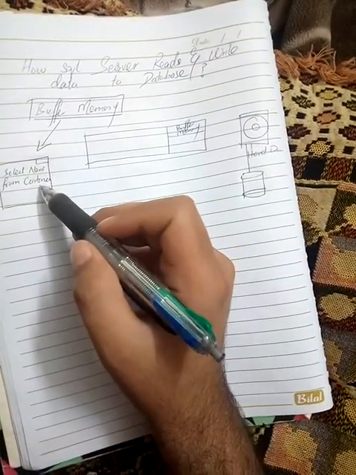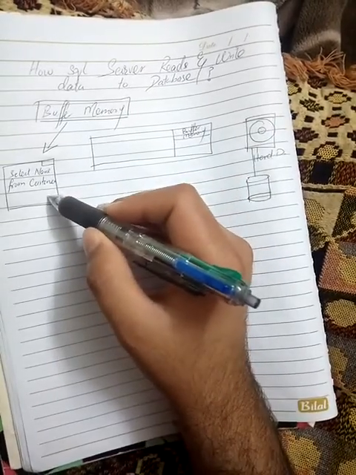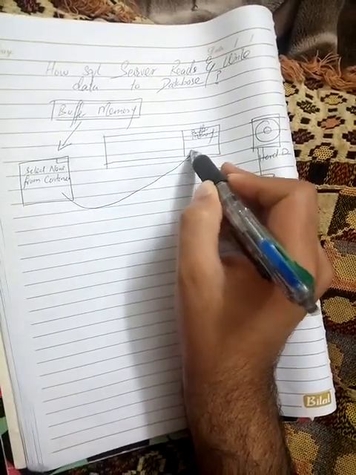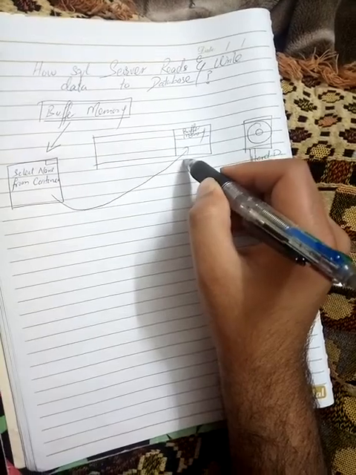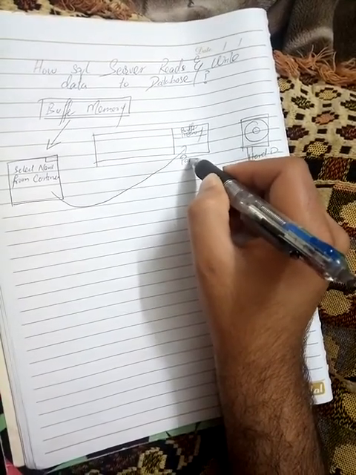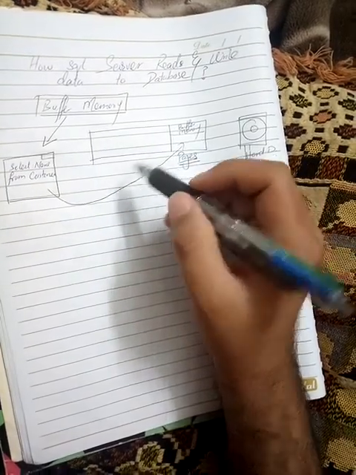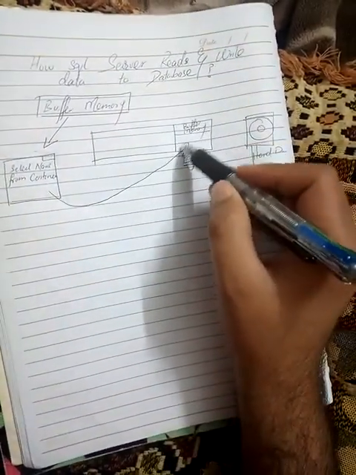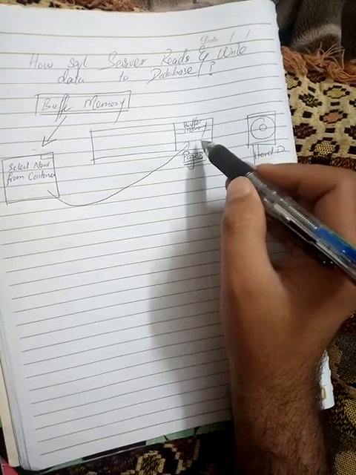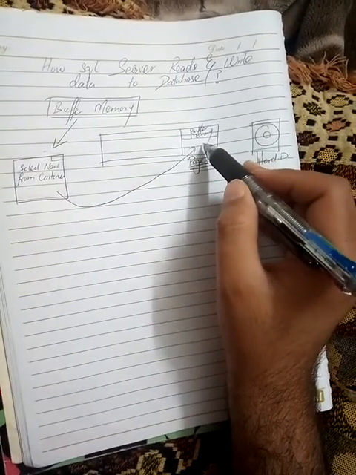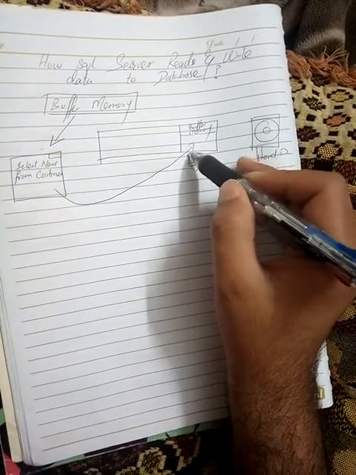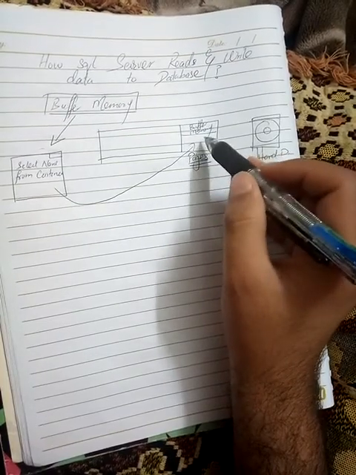What SQL Server does is it looks for this data in the buffer memory. The buffer memory in SQL Server holds pages, and if the particular data is found in these pages, then well and good. The data is processed from these pages and returned.